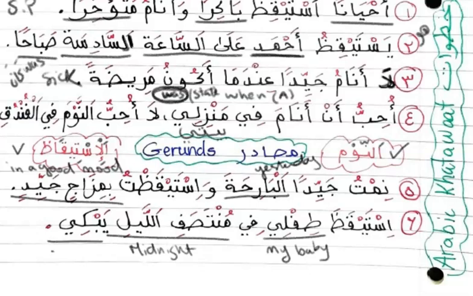يبكي, crying. And see right here, crying is not a gerund. It's like he was crying. It's like you are talking about past continuous. It's a continuous action. He was crying. كان يبكي or يبكي when he woke up. عندما استيقظ.